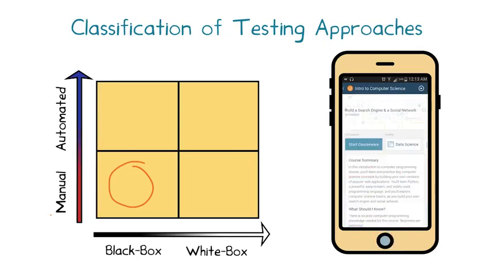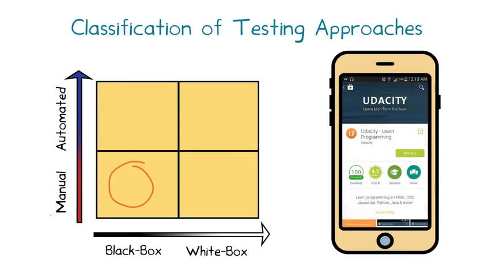Now, if we were to modify this testing approach so that the tester looks at the source code in order to determine what possible routes there are through the app's GUI, then we have taken the original approach and moved it rightward to the white box side of this diagram. You are probably familiar with both of these types of testing.